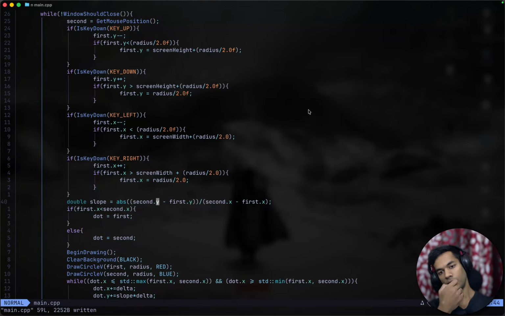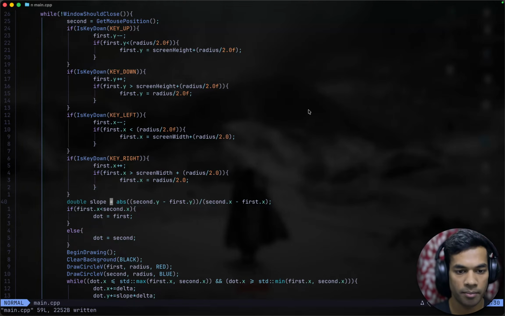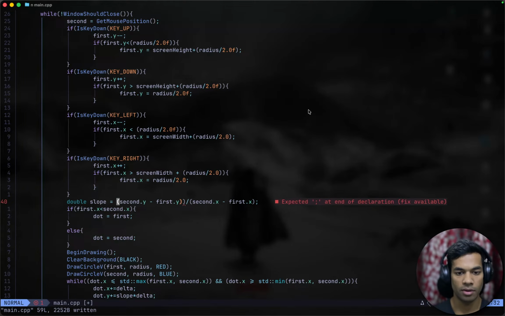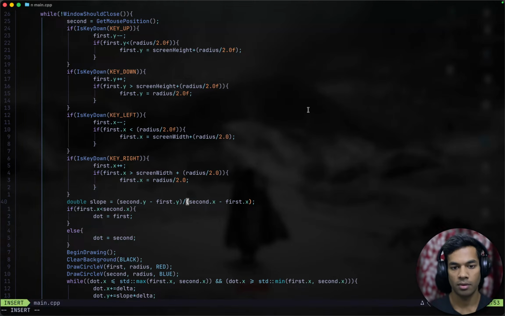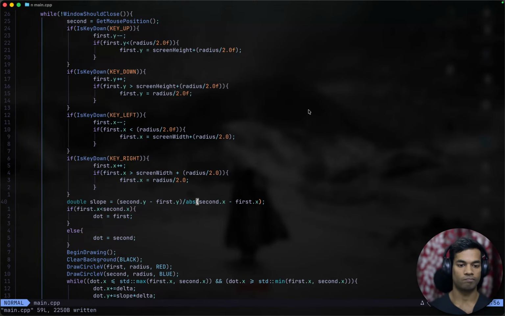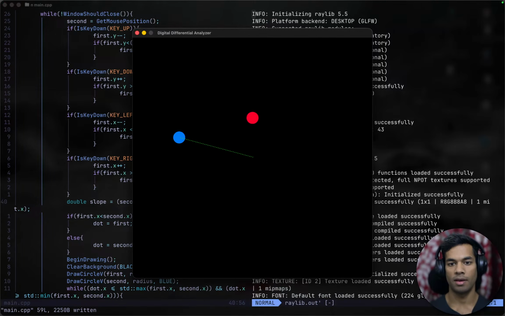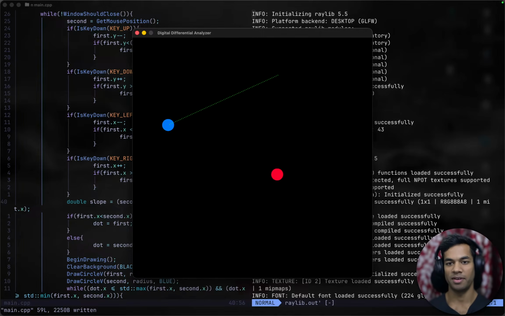We are getting the absolute. Ah, this is not the one. That should be absolute. This should be absolute. Let's see. Okay. And yeah, messed up. Yes, the line is not very cool. Look at this.